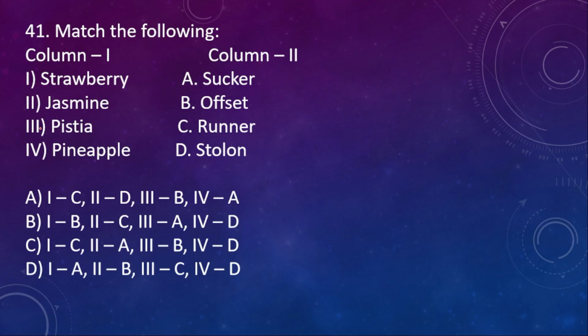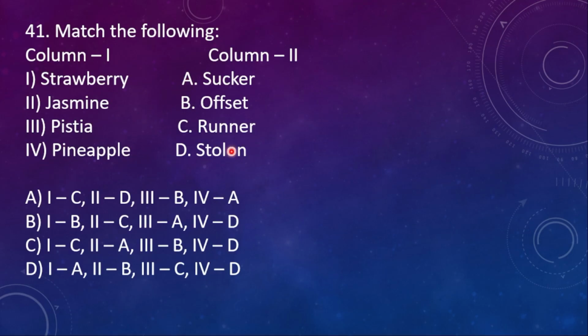Question number 41, match the following. Column 1 with column 2. Strawberry shows runner, jasmine shows stolon, pistia shows offset, pineapple shows sucker.